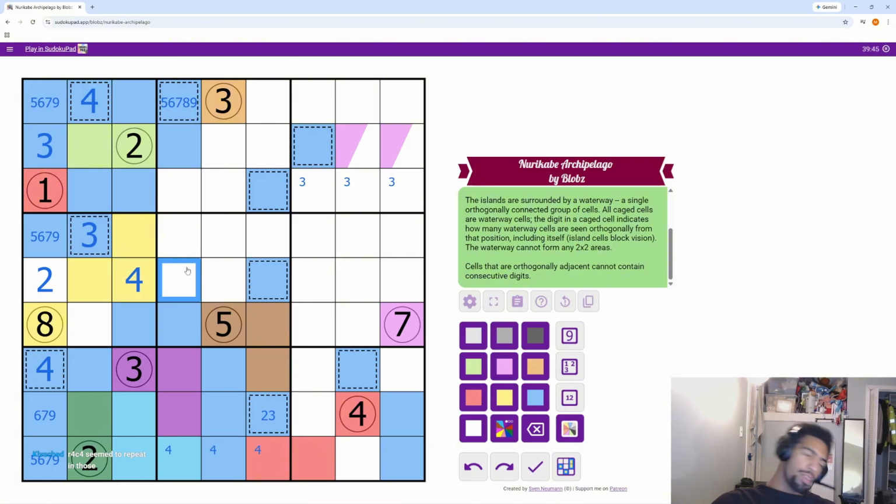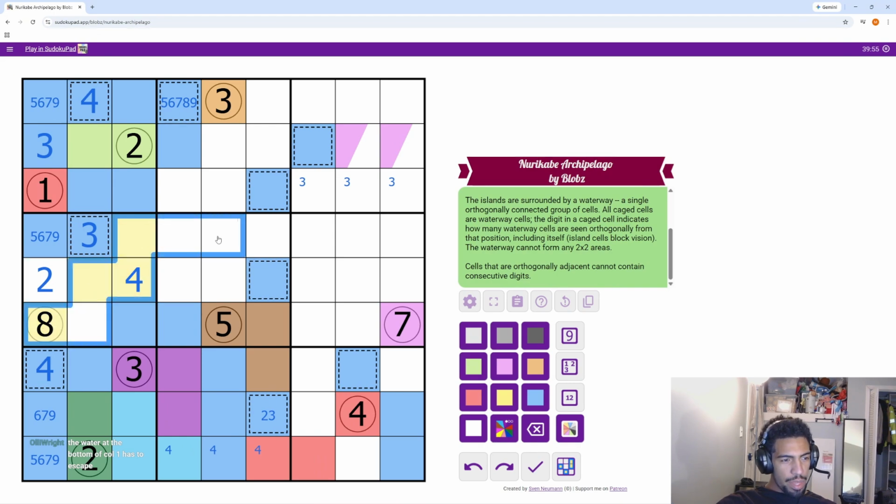Row 4, column 4 seem to repeat. Yes, but I just said that it can also be like this, no? 1, 2, 3, 4, 5, 6, 7, 8. Like I could do that. And now row 4, column 4 is not yellow.